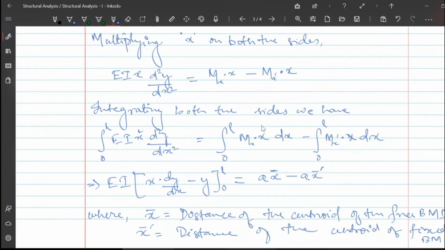So as I said earlier, now what we will do, we will put the boundary condition. As I told earlier, at x equals to 0 and y equals to 0, we have dy by dx equals to 0. And at x equals to L and y equals to 0.